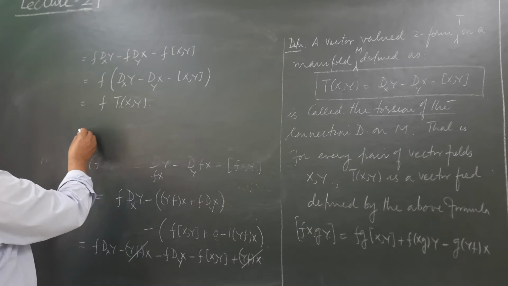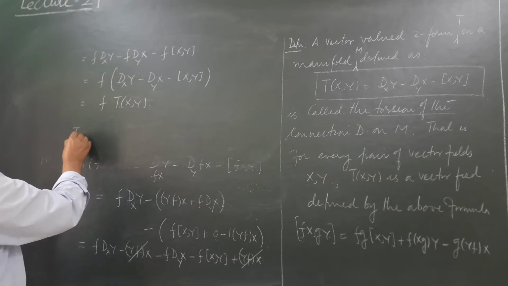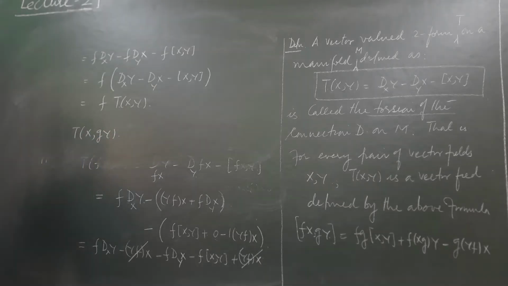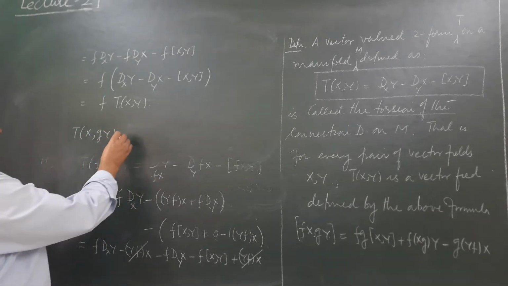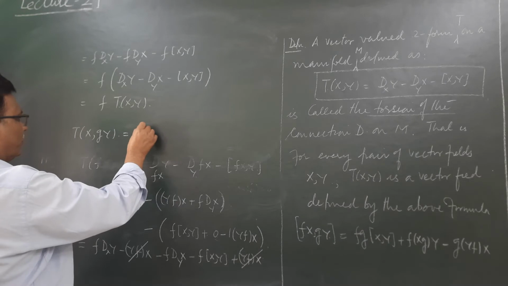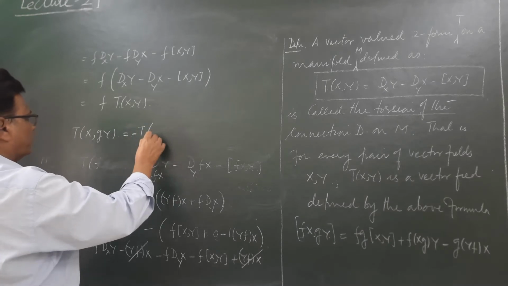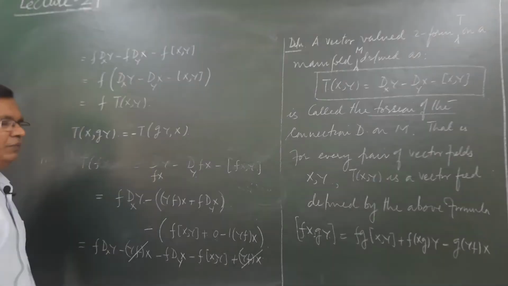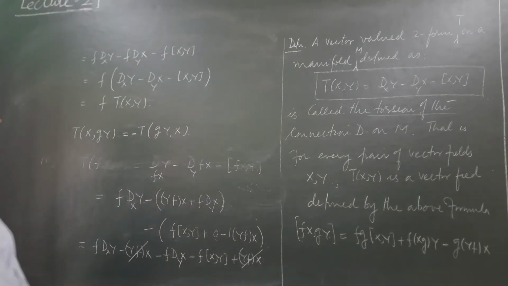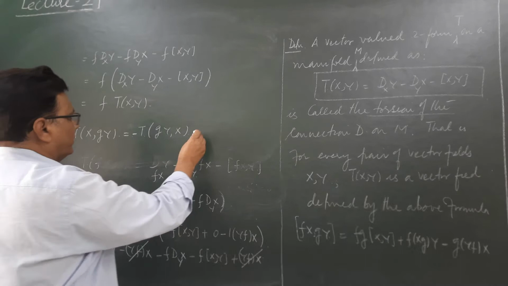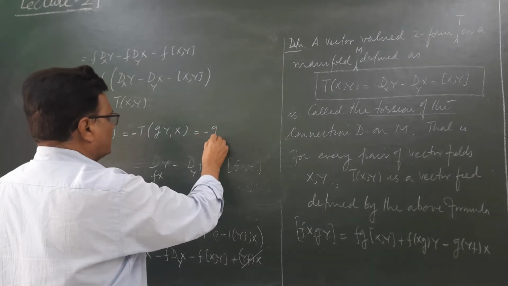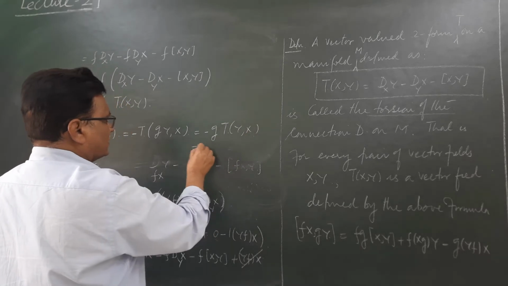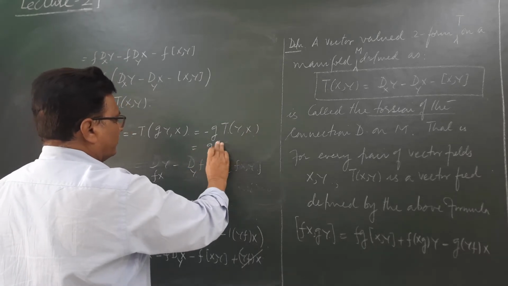Now, the same way you can verify that T(X, gY), g will come out. So, I can rewrite this as minus T(gY, X) by property number 1, and by this part of the property you can write it down as minus g times T(Y, X), and this is g times T(X, Y).